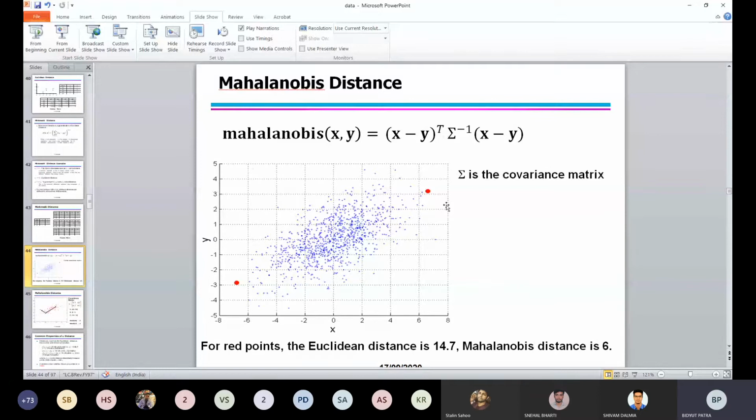While computing this distance measure between 2 points, we need to compute something called the covariance matrix. What is a covariance matrix? Let's say in this example you have 2 features.